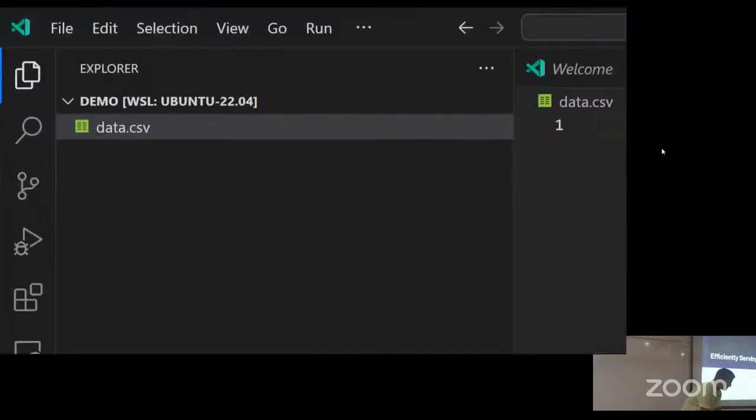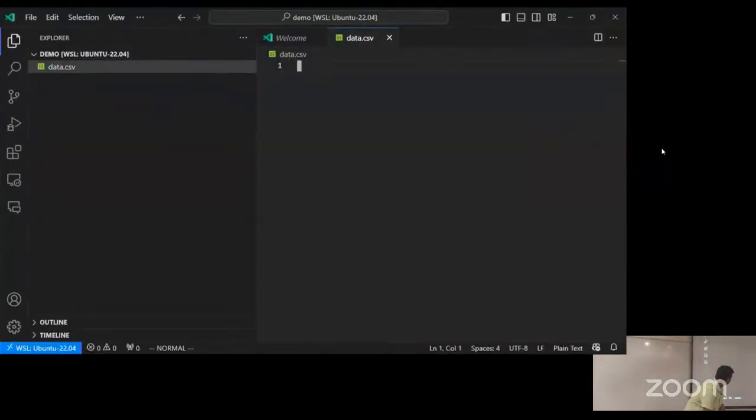Oh, sorry. Actually, I'm not connected to the network, which will be a problem. So let me connect to the network. One second, sorry. Can I connect to the Wi-Fi here?